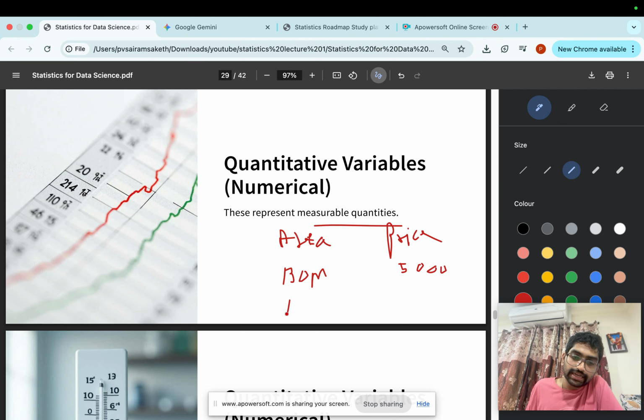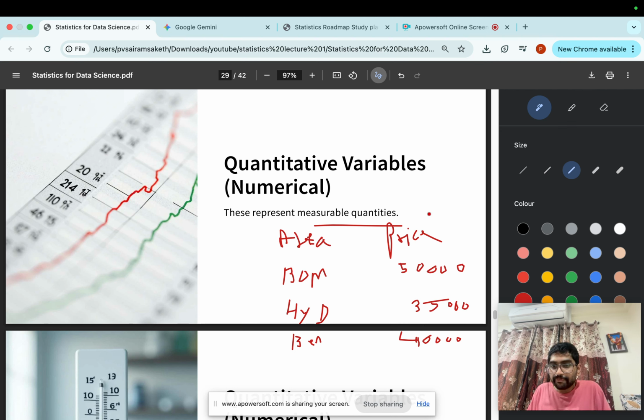If I say Hyderabad, you will get, let's say, 35,000 rent. If I say Bangalore, then it is giving me, let's say, 40,000 rent for the house.